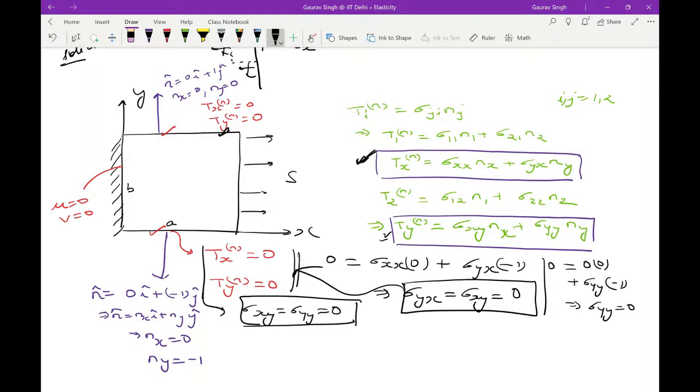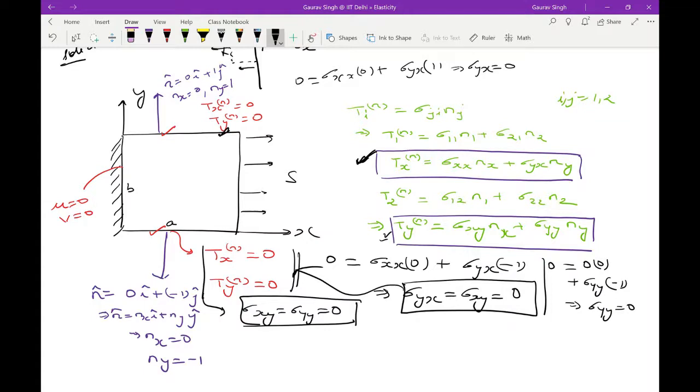So for this top face, we write 0 is equal to sigma xx, and nx is 0, plus sigma yx, and ny is 1. So this would make sigma yx equal to 0.